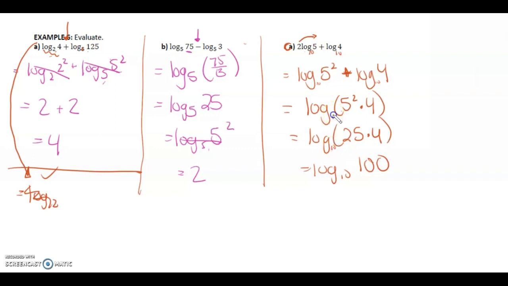If you want to write the 10s in here, you can. If you don't, that's okay too. And at this point, we're thinking to ourselves, 10 to the exponent what equals 100? So 10 squared equals 100. You can cancel that out. The answer there is 2.